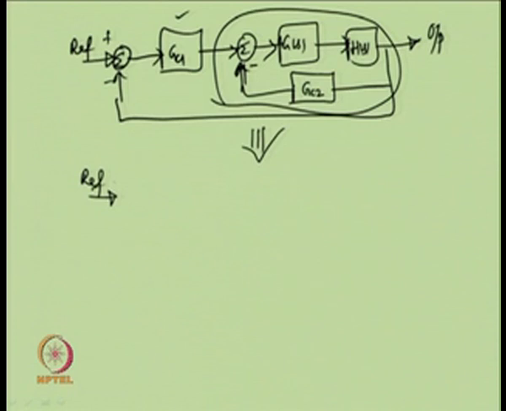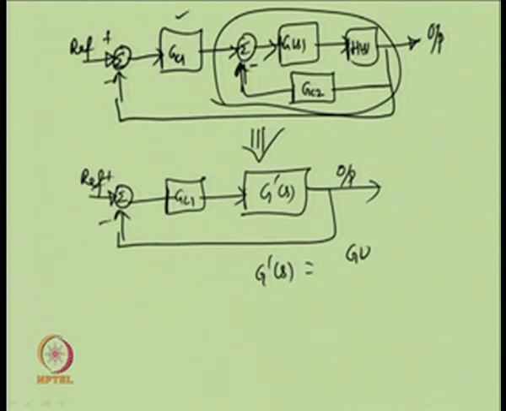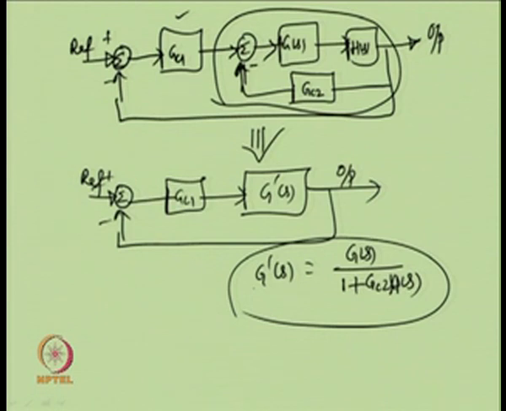Let us redraw its equivalent representation, where we will have G C1 and then G dash s, and the output, where G dash s can be given as G s upon 1 plus G C2 H s. So, basically we are getting a series compensation scheme with a modified process dynamics.